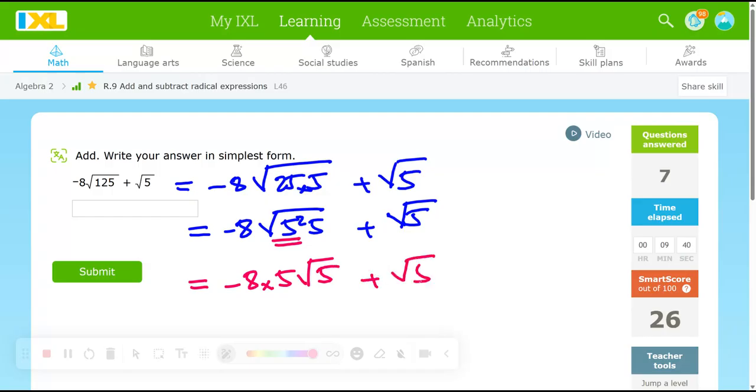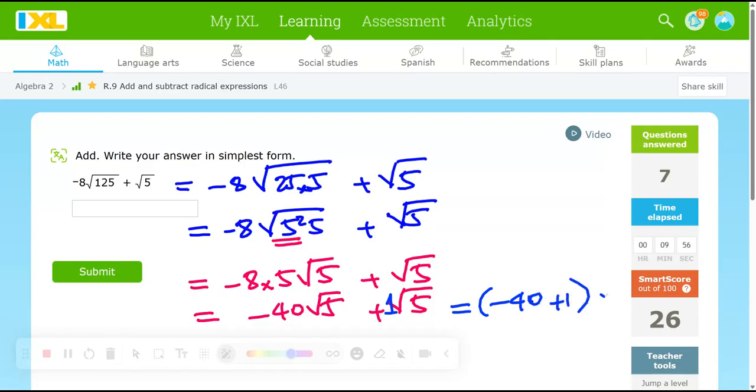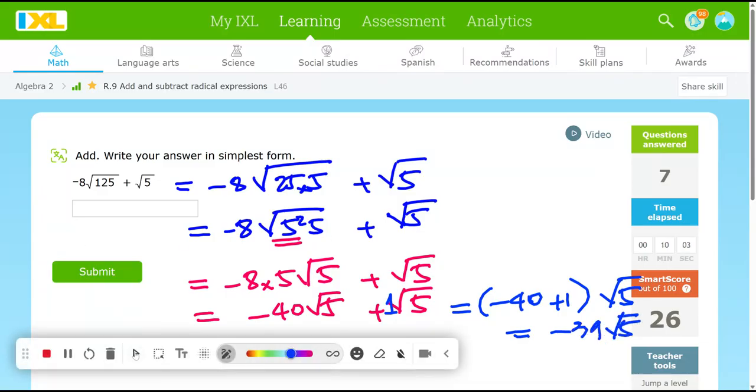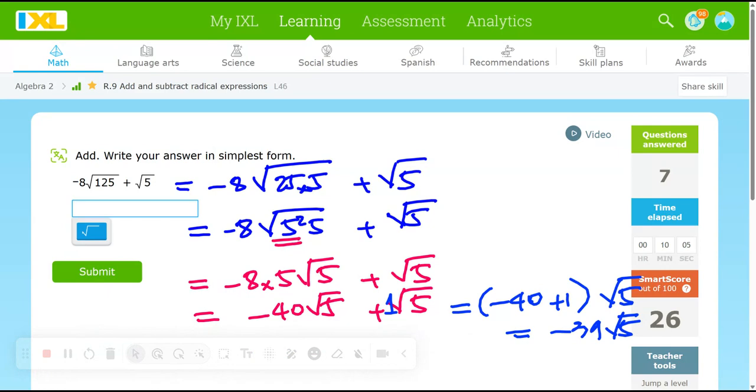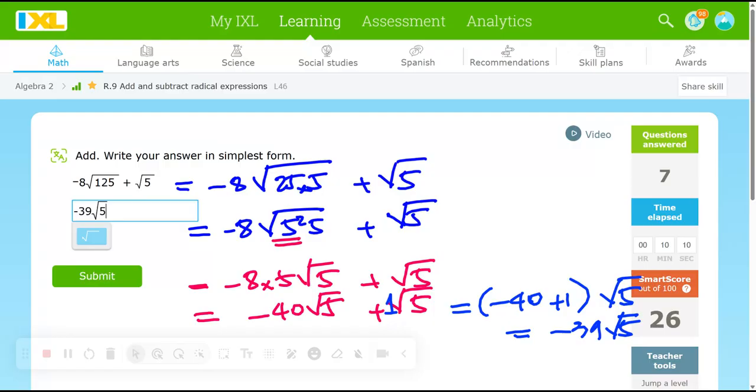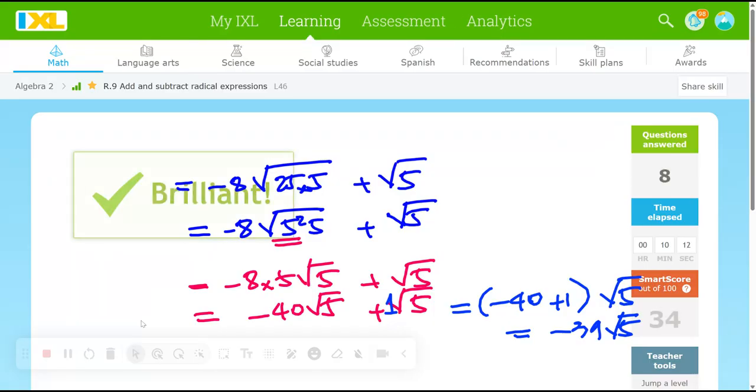So now together it becomes negative 40 square root of 5. And then in the back we got square root of 5, so square root of 5 means 1 square root of 5. So together you should have negative 40 plus 1 and then square root of 5, which is negative 39 square root of 5. Okay, here we go. I put down negative 39 square root of 5. Voila.